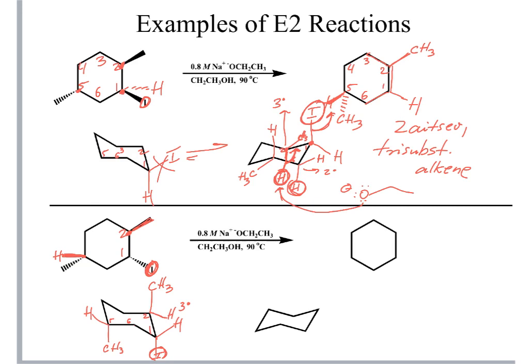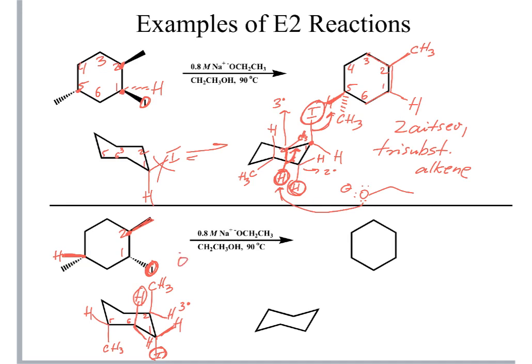Carbon number 6 has both axial and equatorial hydrogen atoms. This is my secondary carbon atom. Of the 3 alpha hydrogens, 1, 2, 3, there is only one that's axial and antiperiplanar to the leaving group, and in this case it happens to be the less highly substituted axial hydrogen.